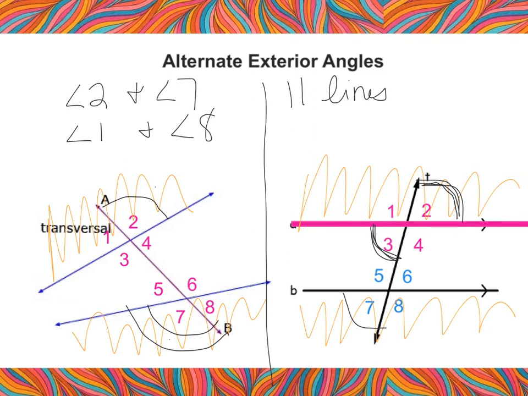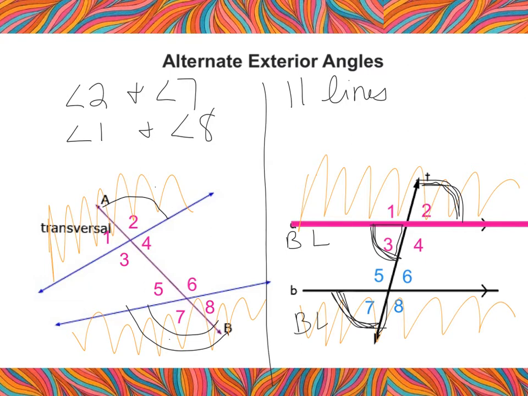If I look, angle 3 is in the bottom left part of this intersection. And if I look down here, it's also the bottom left of this intersection. So if I were to take this angle and translate it down, it would lie on top of angle 7.